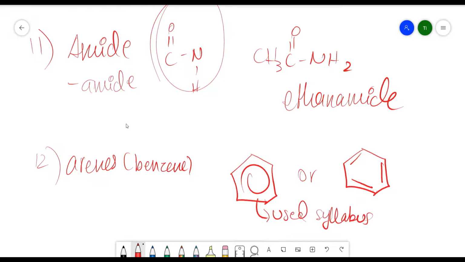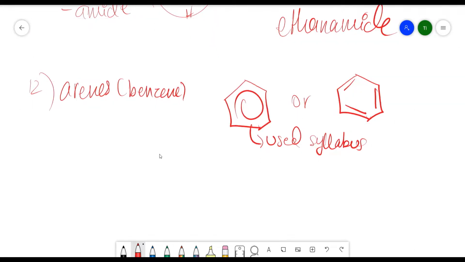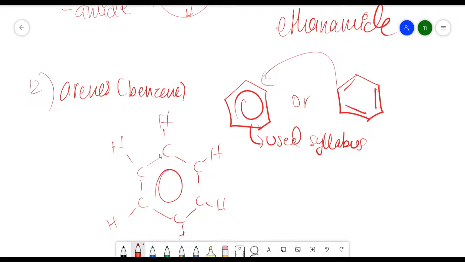This compound is basically a hexagonal ring of carbons. The electrons are delocalized into the benzene ring, and each carbon has an H. This is the skeletal formula. These were the skeletal formulas.